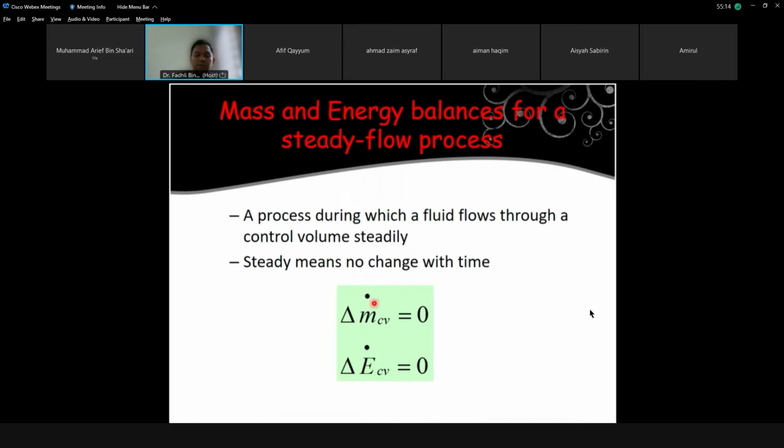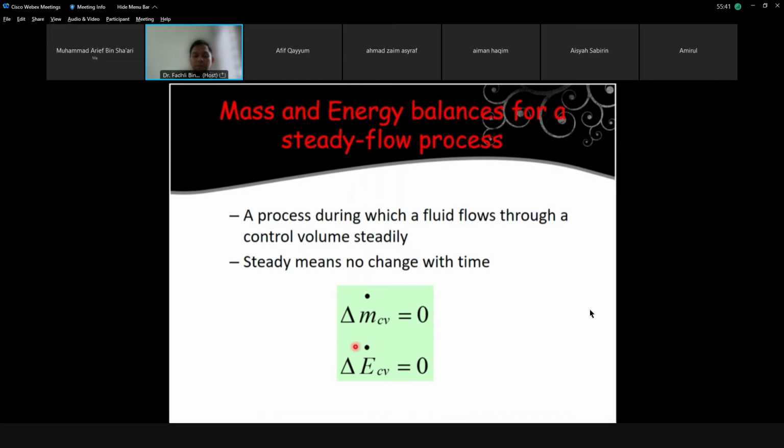This delta m dot CV is the change of total mass. Tadi kan kita belajar m dot in minus m dot out equal to delta m dot CV. So since delta m dot CV equal to 0, m dot 1 equal to m dot 2, which is mass balance equation, right? Yang ni pun sama.